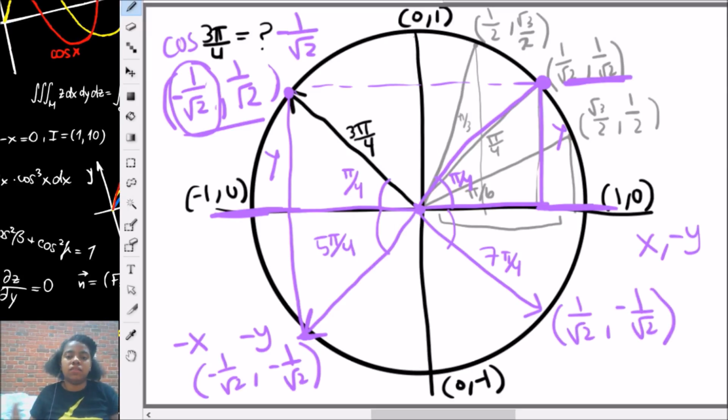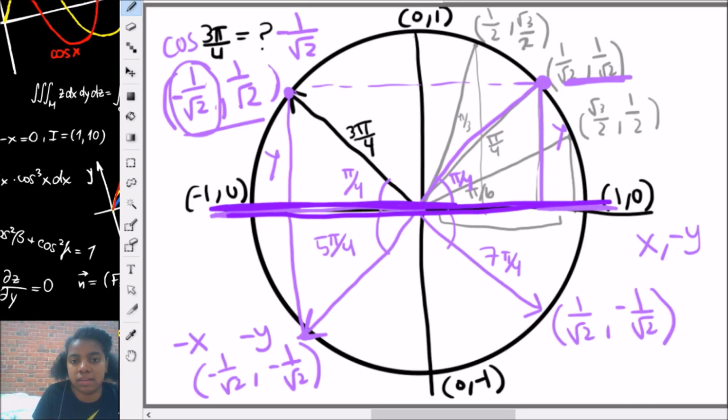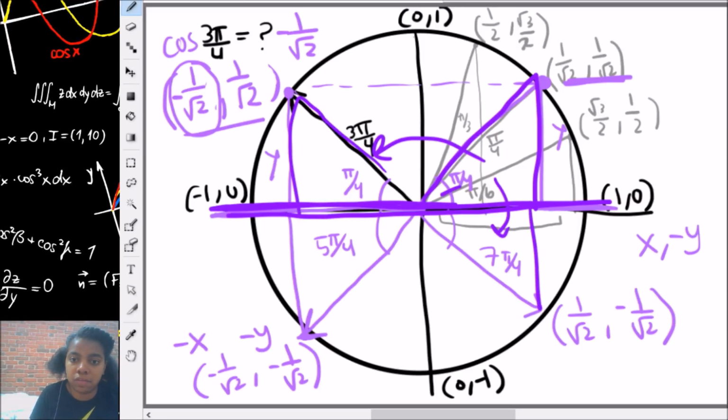And so you can do this with all of the different triangles. You could do the same thing with the 60 triangle. Just make sure whenever you draw the triangles that you're connecting it to the x-axis down here, and not connecting it to the top, because that's not the same triangle. Make sure you're taking the triangle over here and flipping it down this way, and flipping it down that way, and flipping it over here this way, and not just rotating it weirdly.